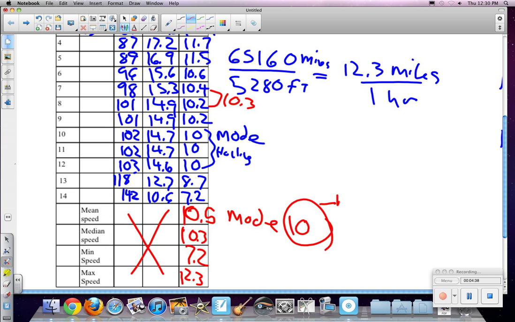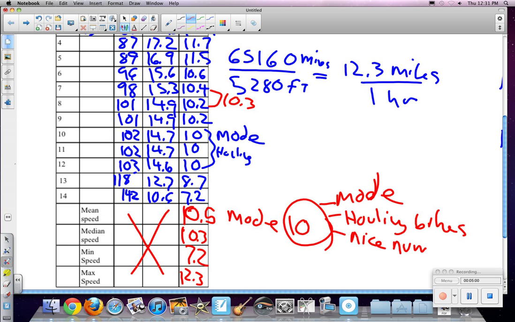Yeah, so it was the mode, as you said, right? It's what we found with the hauling bikes. And it's a nice number to work with, right? Yeah, it is. So we feel like we're going to use that quite a bit.